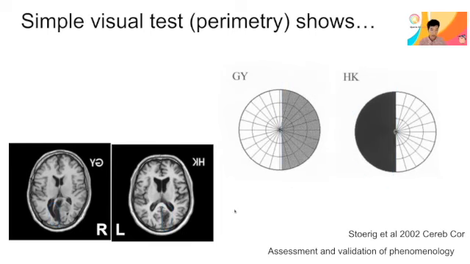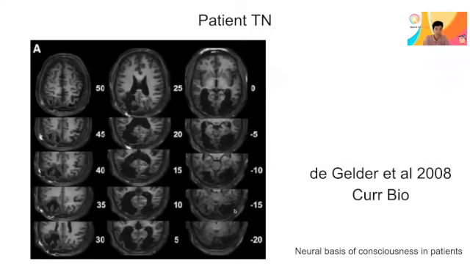All right. Now, the interesting thing comes from here. By the way, this kind of lesion can happen in areas on both sides of the brain. In the case of patient TN, he had a really massive brain lesion on both sides of the brain, as you can see here.